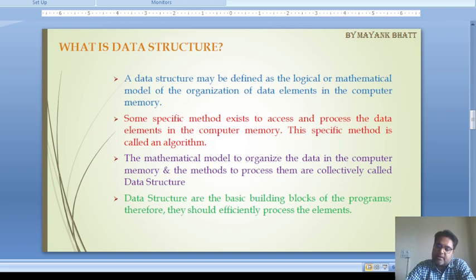Data structures are the basic building blocks of a program. Therefore, they should process the elements efficiently. So, what is the major focus here? Once we have a problem, then after applying logic to that problem and finding a particular solution, we have to design some data structure so that the problem's solution can be stored in those data structures.